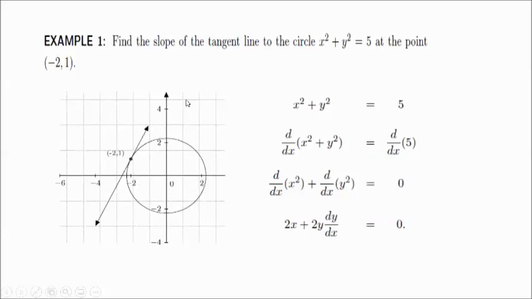Ngayon, pinapahanap yung slope, class, ng tangent line. Na-discuss na natin yung tangent line. So it is a line wherein tatama siya on a single point. In this case, circle. So ito yung point of tangency niya, class, -2 tsaka 1. So nakagraph na siya. So hinahanap natin dito yung slope nito.